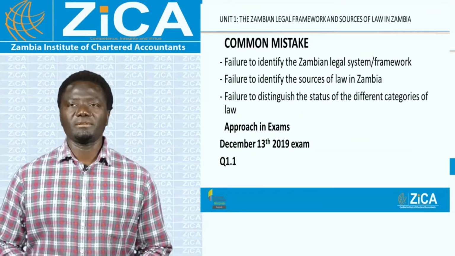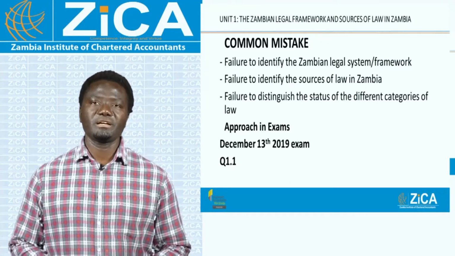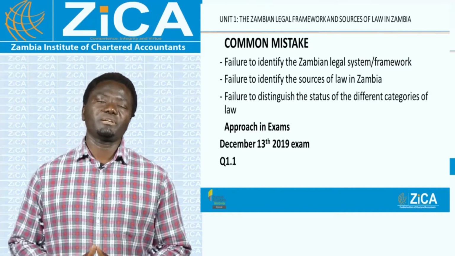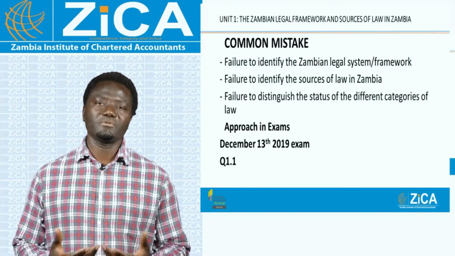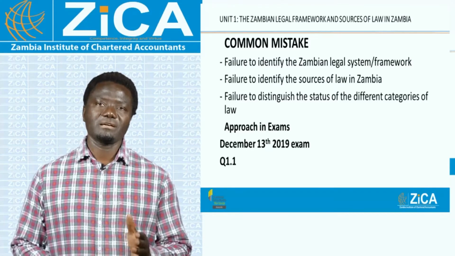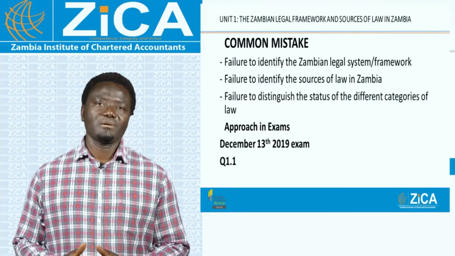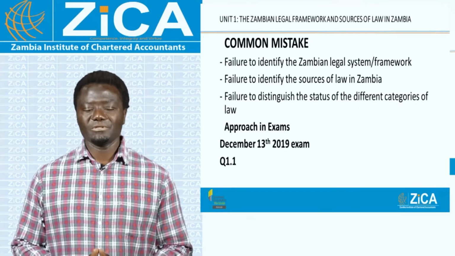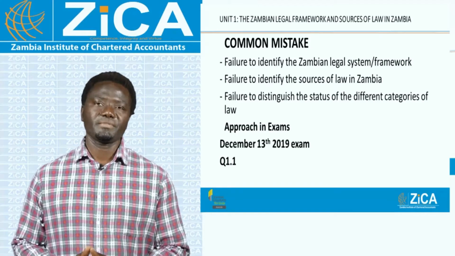So unit number 1 talks about the Zambian legal framework and sources of law in Zambia. Now, under that topic, the most common mistakes that arise as we look at what students write in the examinations are, first, a general failure to identify the Zambian legal system or the Zambian legal framework.